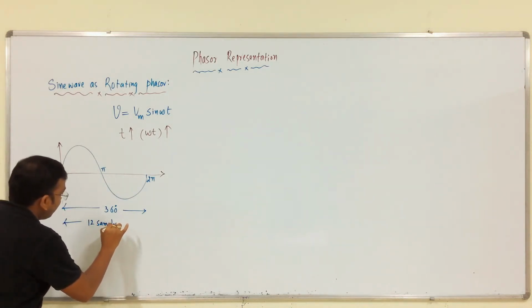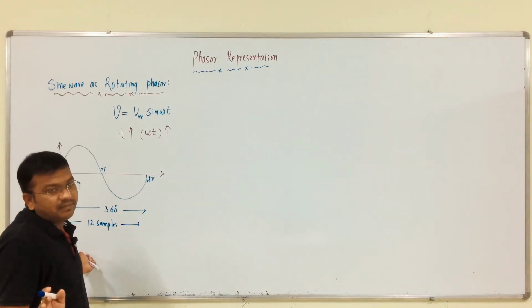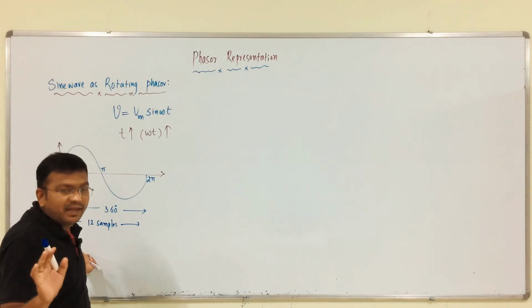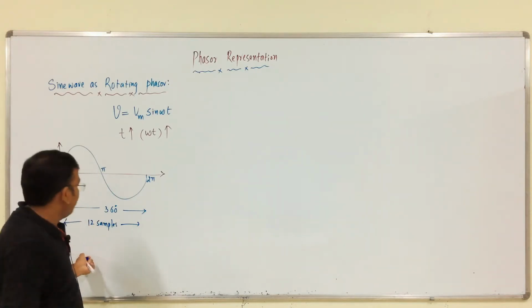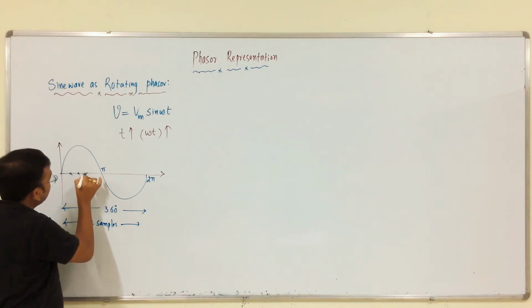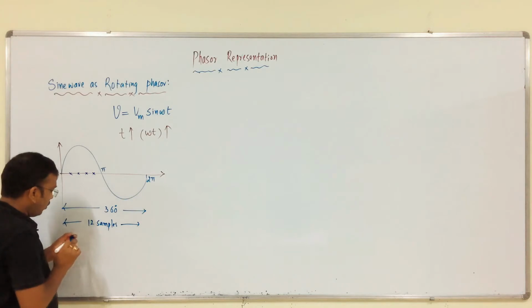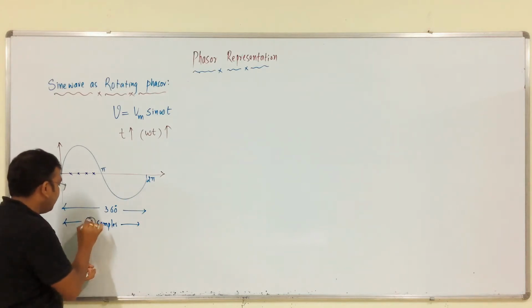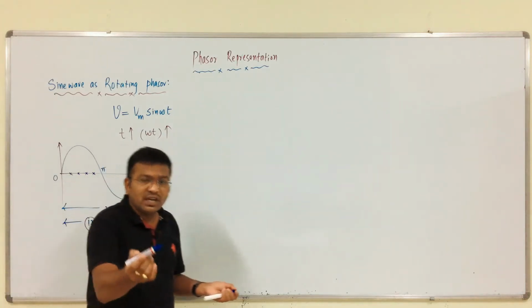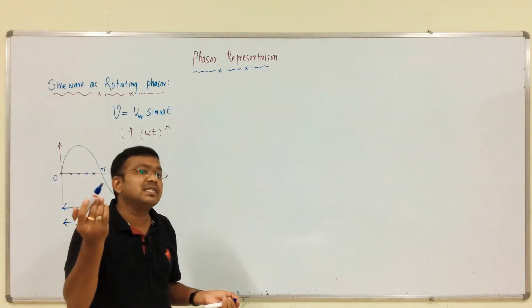What is a sample, sir? A sample is nothing but an instant, 12 instants, 12 time periods. Maybe this instant, maybe this, maybe this. You can consider 24, 48 like that, or you can consider 360 samples.